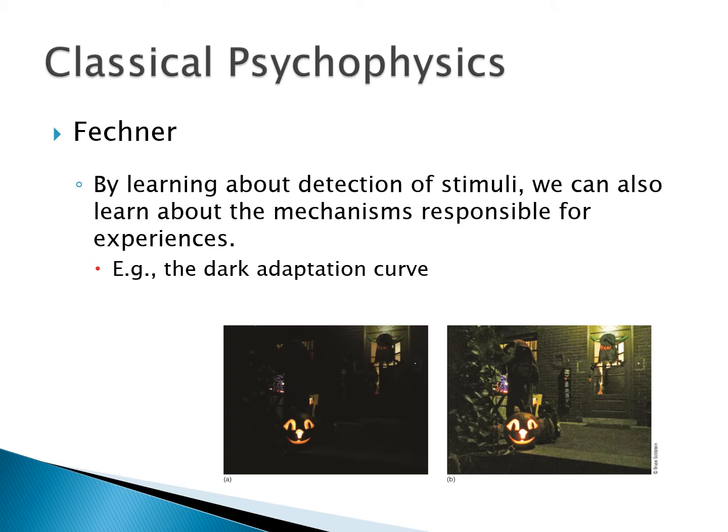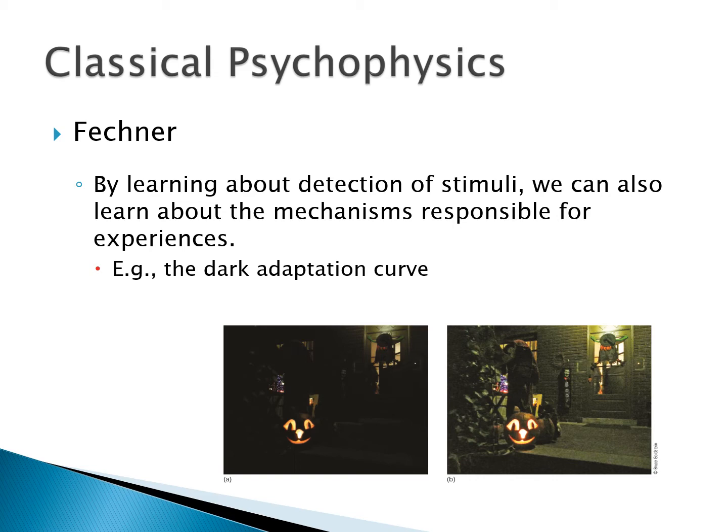So far we have just talked about the detection of stimuli and measuring this absolute threshold, which tells me when I can detect a particular stimulus. And that in itself is really interesting. I gave you some basics of human detection, that we can see a candle from 30 miles away on a clear dark night or whatever. That's interesting.